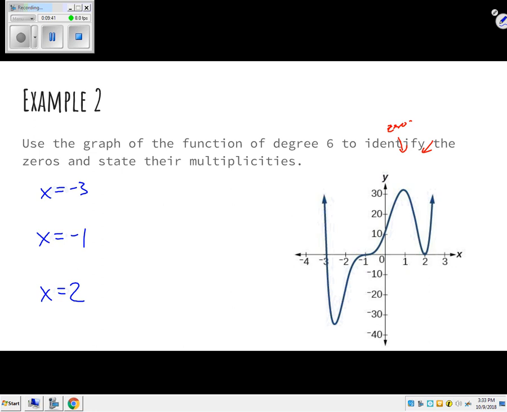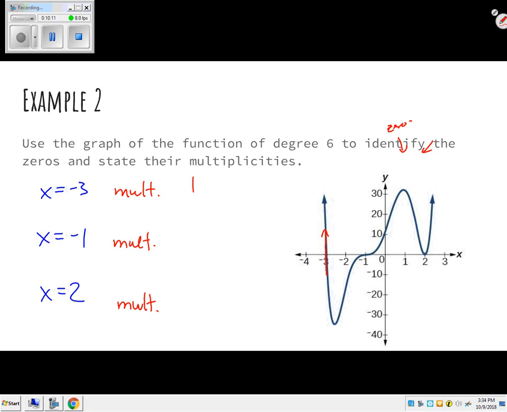So to get the multiplicities of each one, what I want to do is see if it crosses or touches. So I'm going to go to -3 first. At -3, I'm definitely crossing the x-axis. If I cross the x-axis, that means I have to have an odd multiplicity. I think of the nicest odd number I can think of. Ooh, I like the number 1.